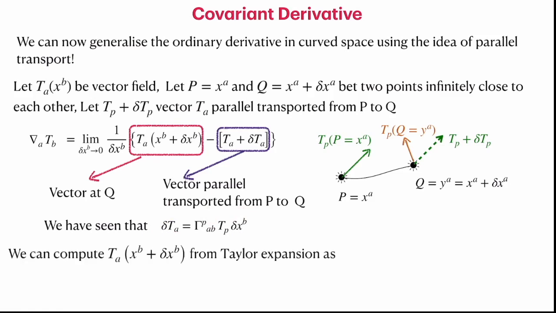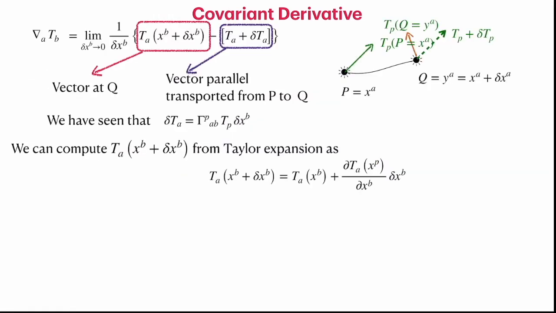Then let's compute this value with respect to T^A, which we can easily do using the Taylor expansion, that is, T^A(x^B plus delta x^B) is equal to T^A(x^B) plus dT^A by dx^B evaluated at x, times delta x^B. So these are the two quantities which we have to subtract and take the limit delta x^B going to 0.